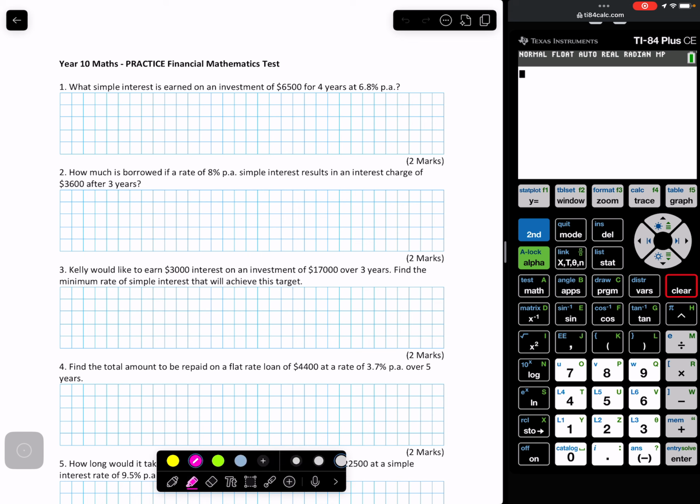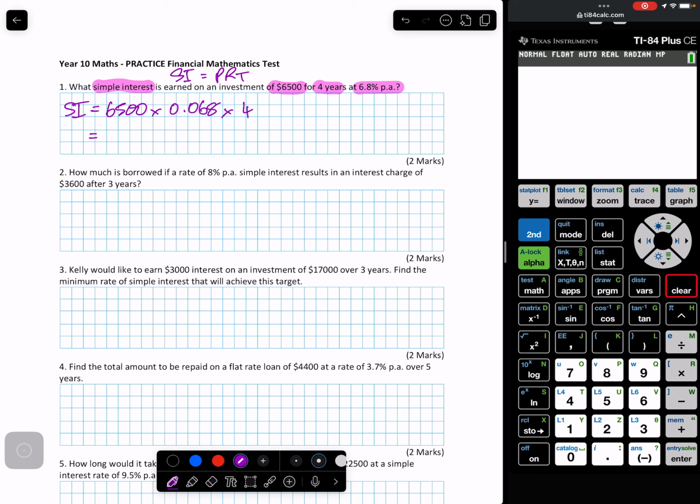Question 1, what simple interest, that's important, is earned on an investment of $6,500 for 4 years at 6.8% per annum. So the formula you were given was SI equals PRT. So the simple interest, SI, is equal to the principal, which was 6,500, times by the interest rate, but as a decimal, so 6.8% as a decimal is 0.068, times by the number of years, which was 4.